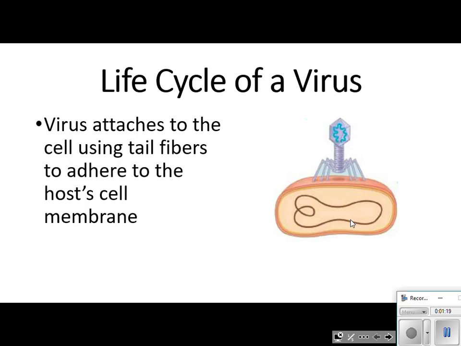So, match your picture for this one where the virus is just attaching itself and put that on number 1. And then your written definition of number 1 down below that should be: the virus attaches to the cell using tail fibers. Okay?